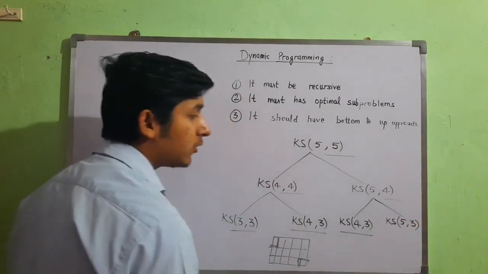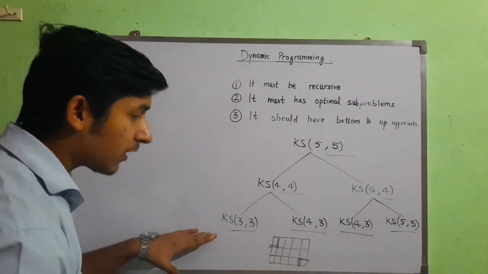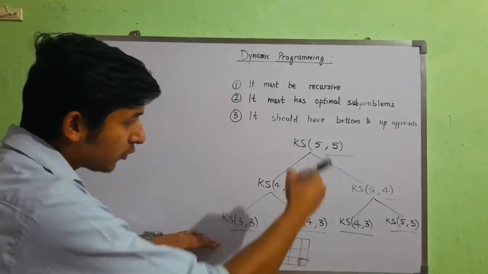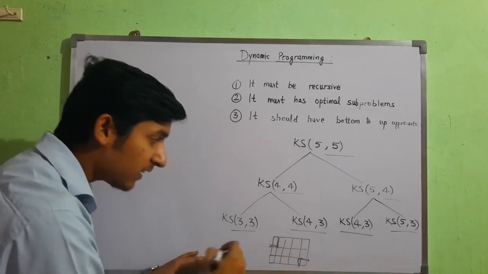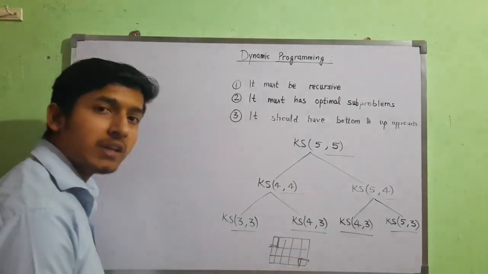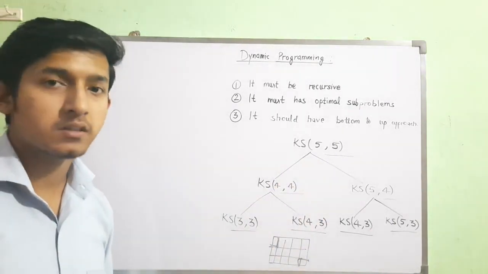Similarly, this will return the value when this is passed to this, and this is passed to this. So what we are doing exactly is going to the base and then using those values to get the solution. So we are using a bottom to up approach while solving the function.